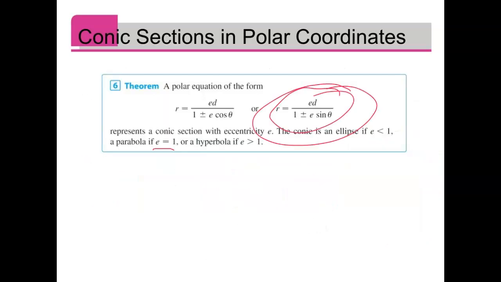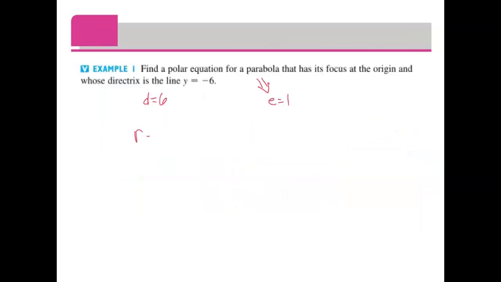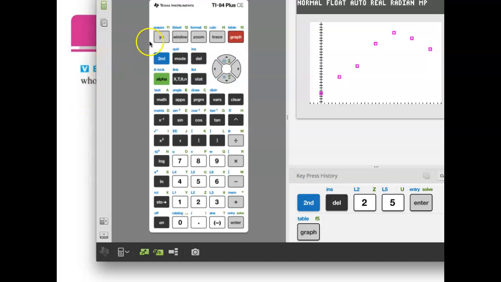So for us, that's going to be R equals ED, which is just 6 over 1 minus E sine theta, so just 1 sine theta. And that should give us the correct version of that parabola that has a directrix at -6, but we can always just check that in our calculator. Our calculator has the ability to graph polar functions.